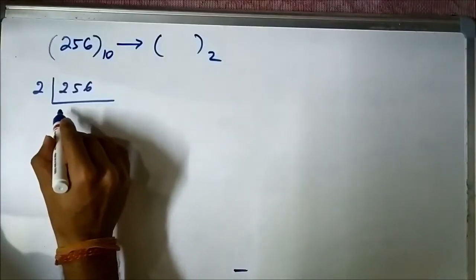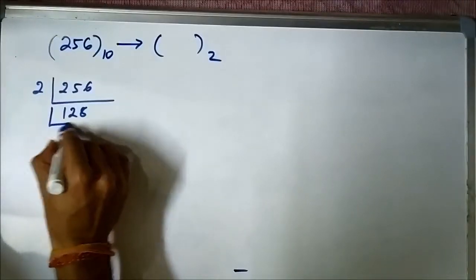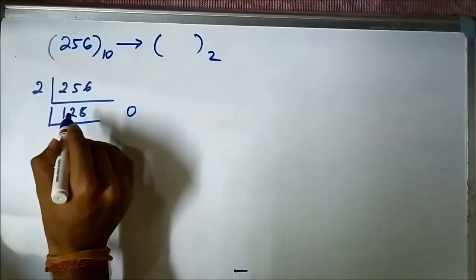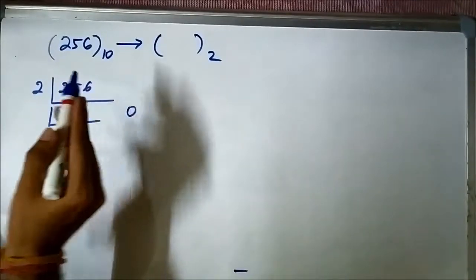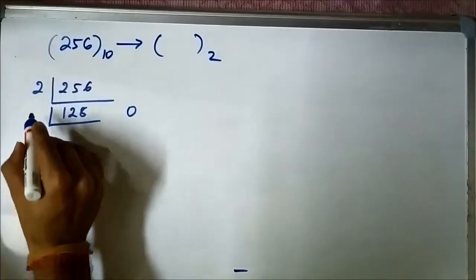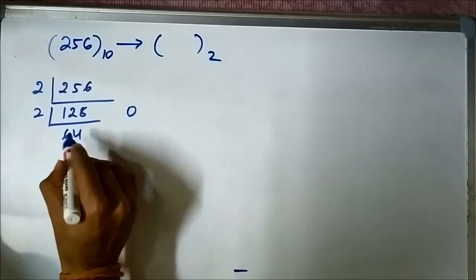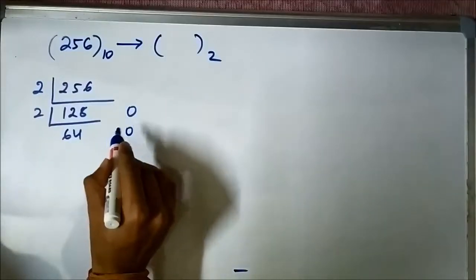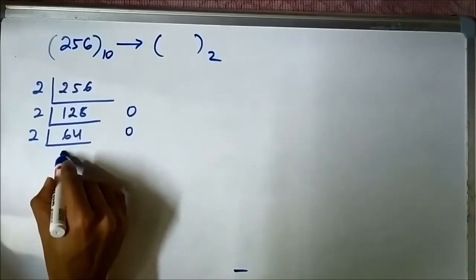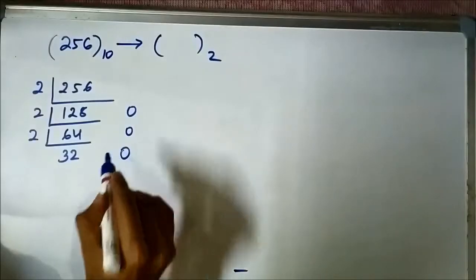If we multiply 2 by 128, we get 256, and in this process the remainder is 0. 2 times 128 is 256, 256 is exactly divisible by 2, it is an even number, so the remainder is 0. Again 2 times 64 is 128, so the remainder again is 0. Again 2 times 32 is 64, the remainder again is 0.